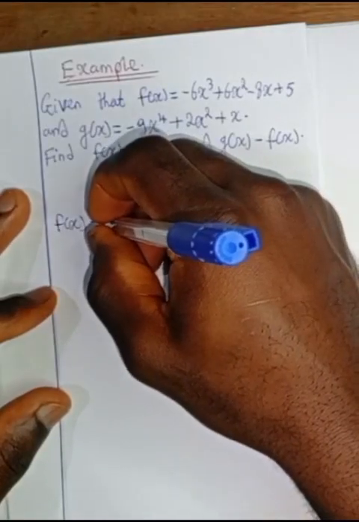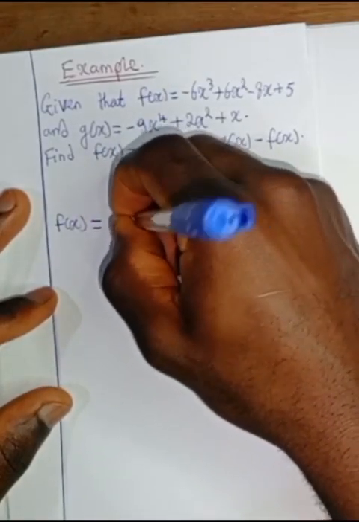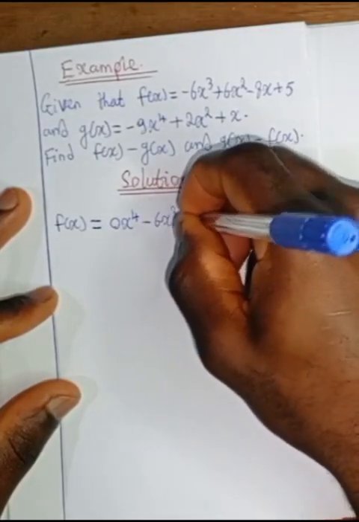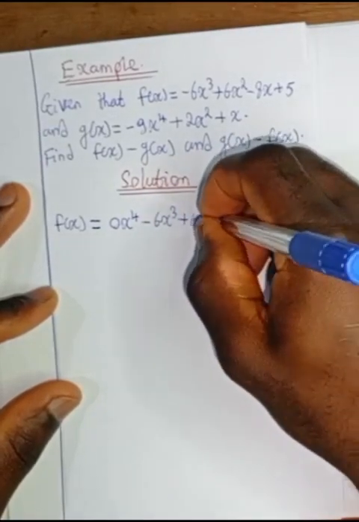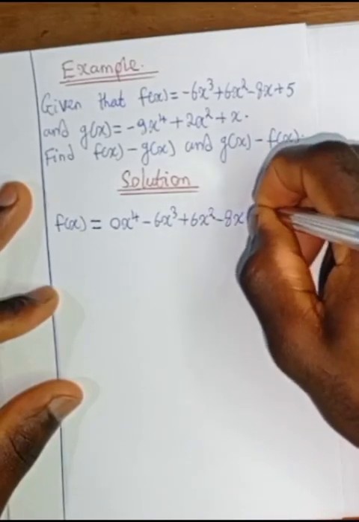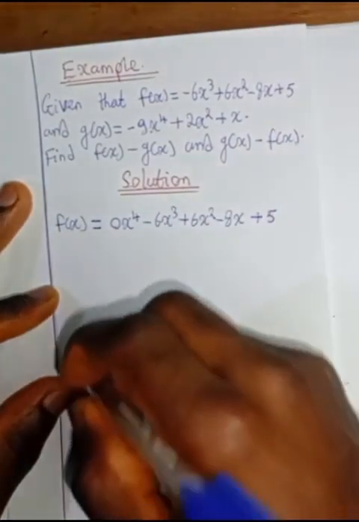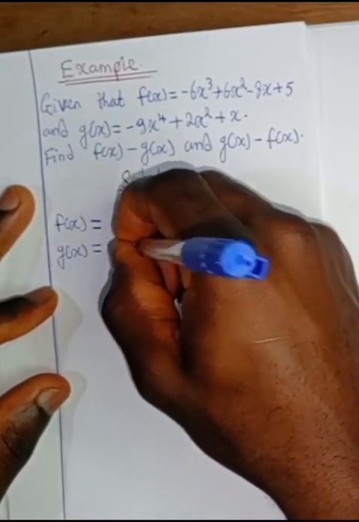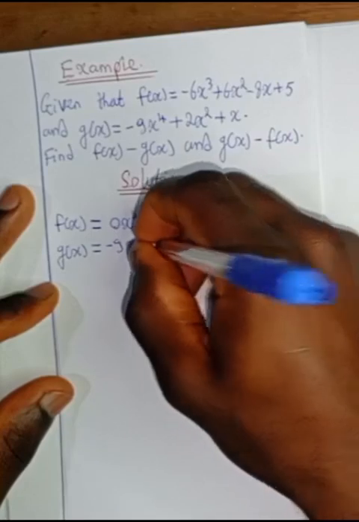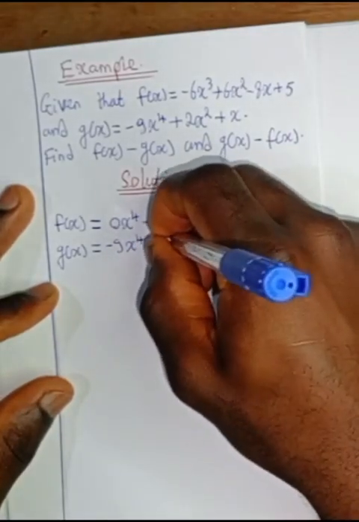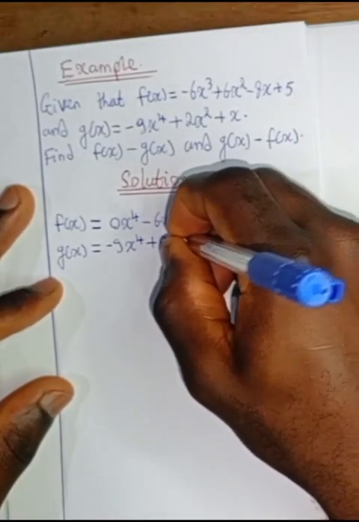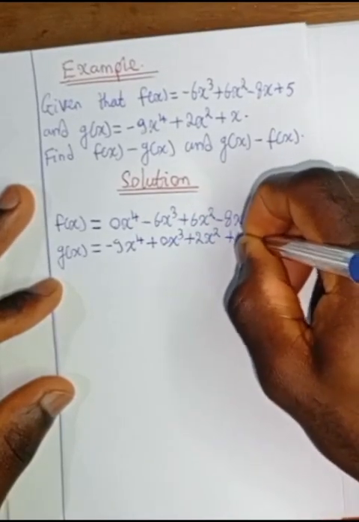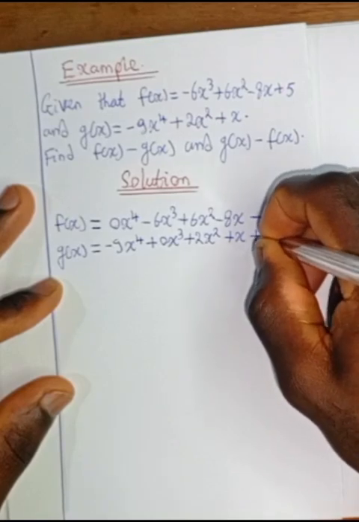We are going to write f of x equal to 0x to the power 4 minus 6x cubed plus 6x squared minus 8x plus the constant term which is 5. We go to g of x, which is equal to negative 9x to the power 4 plus the term in x cubed is absent, plus 0x cubed plus 2x squared plus x plus the constant term which is absent, write 0.